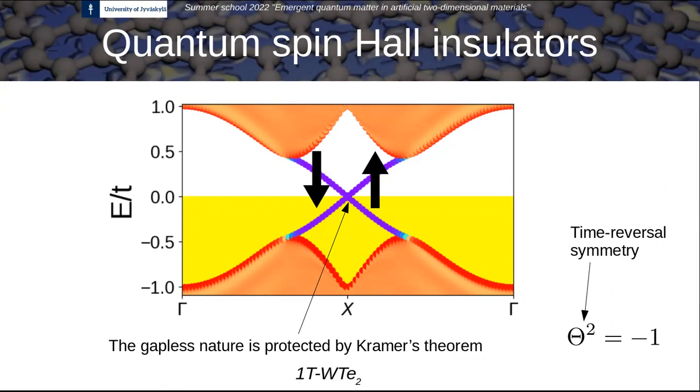But the idea is that this crossing is actually protected. So if you want to open up this crossing, you need to break time reversal symmetry. And from the point of view of the electronic structure, what this means is that these crossings are always going to appear at time reversal invariant points, so either at the gamma point or at the X point.